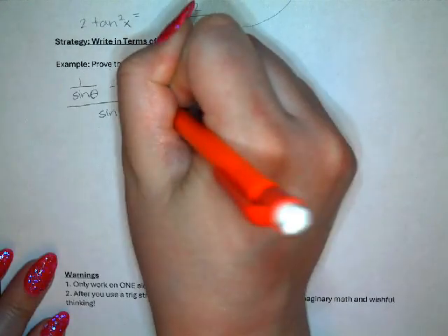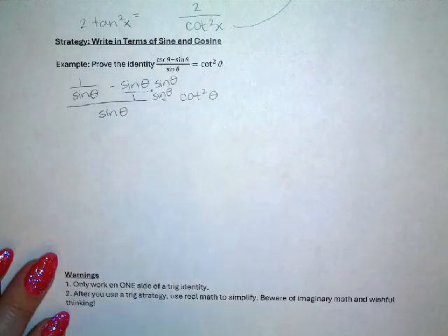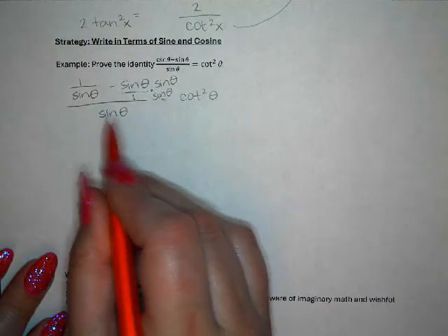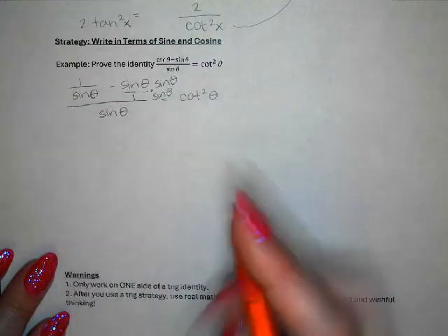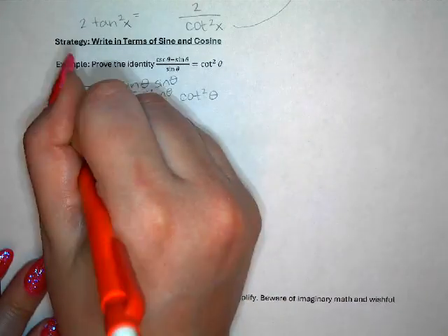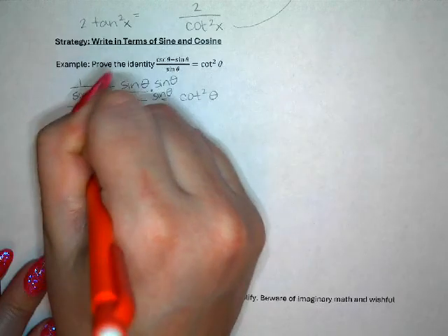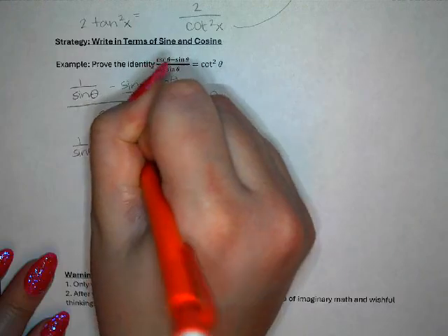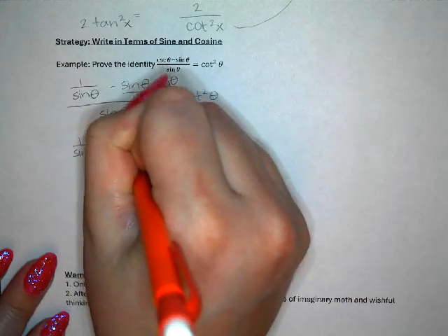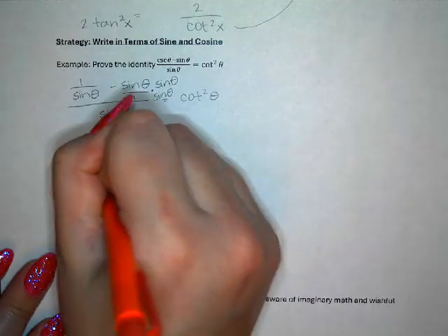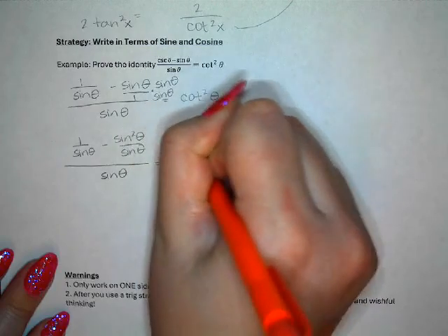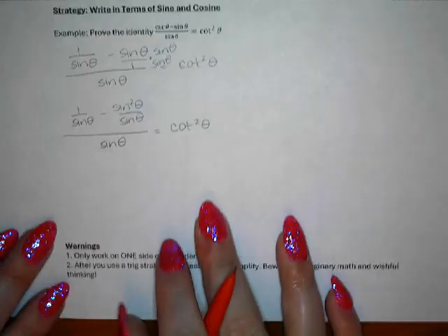I haven't touched the bottom of the quotient yet. So I've got 1 over sine for the first fraction, I've got sine squared over sine for the second fraction, and then that whole thing is being divided by sine equals cotangent squared.